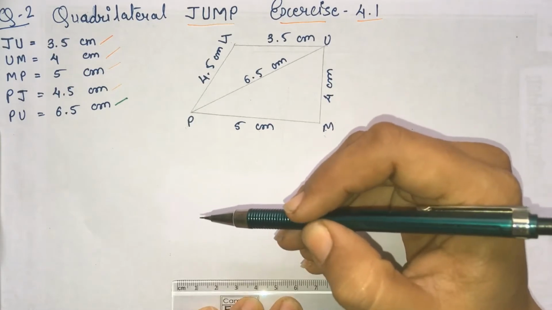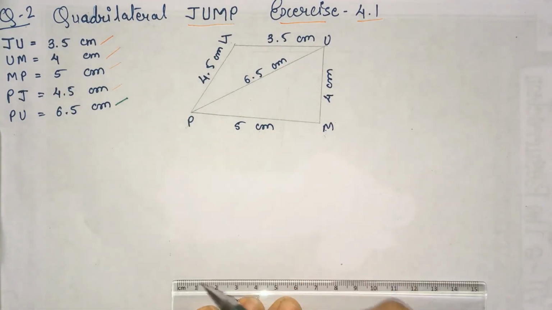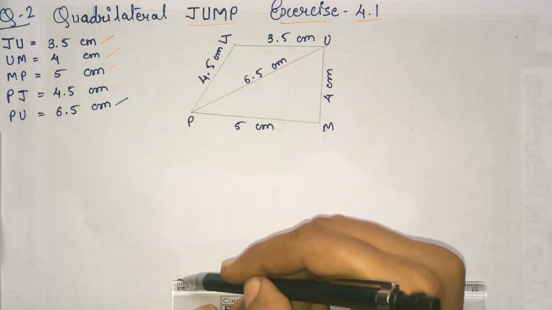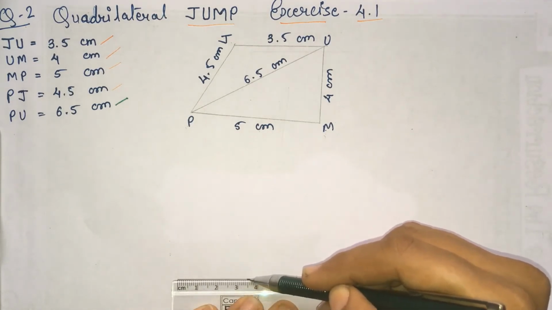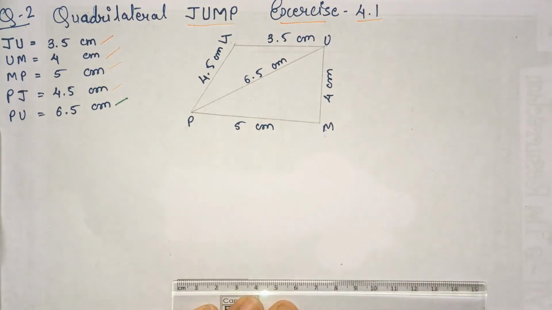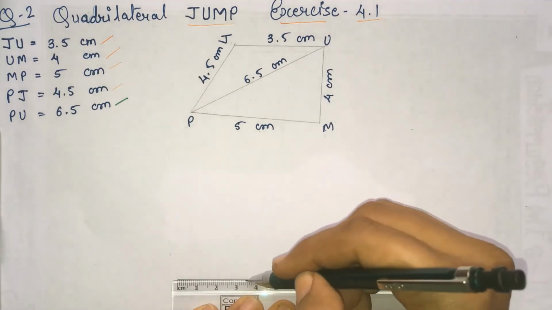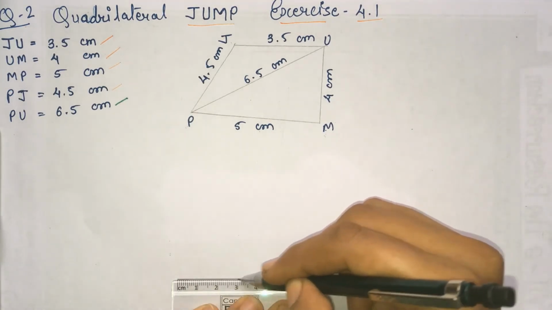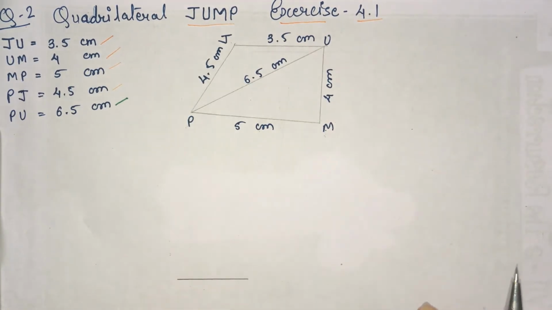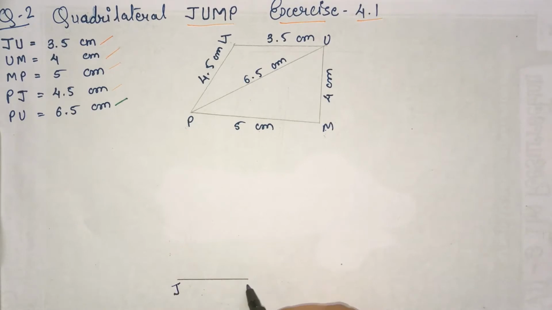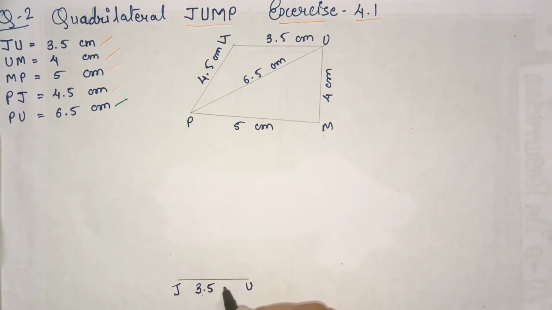So here, starting with the new diagram, I'll draw a line segment with measurement of 3.5 centimeter. So this is our first line segment of 3.5 centimeter, that I will name JU, and the measurement is 3.5 centimeter.